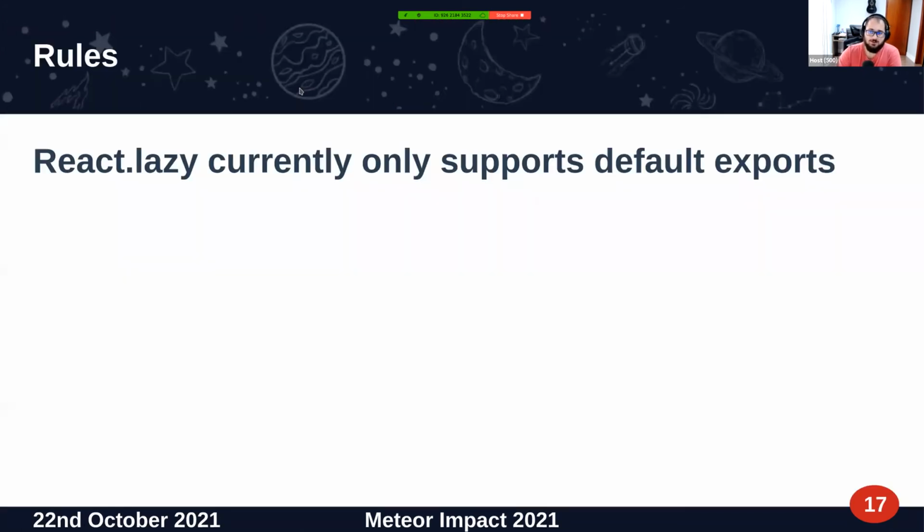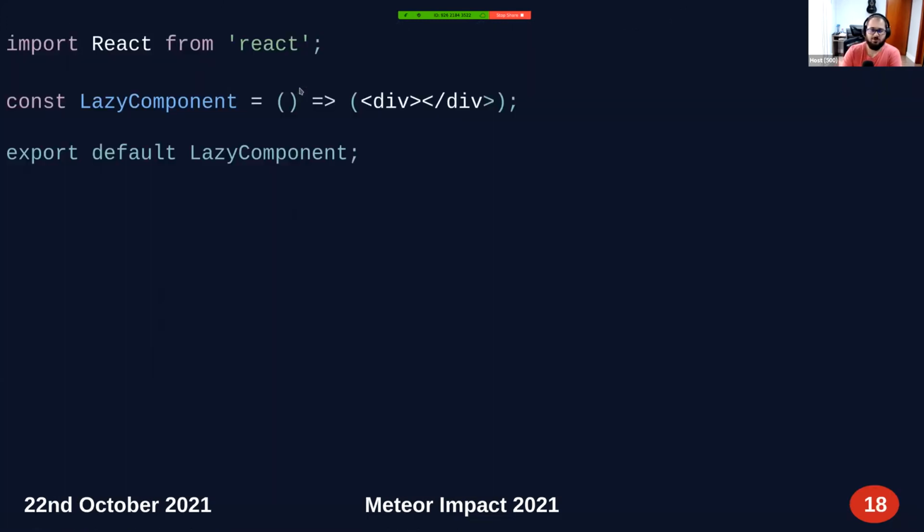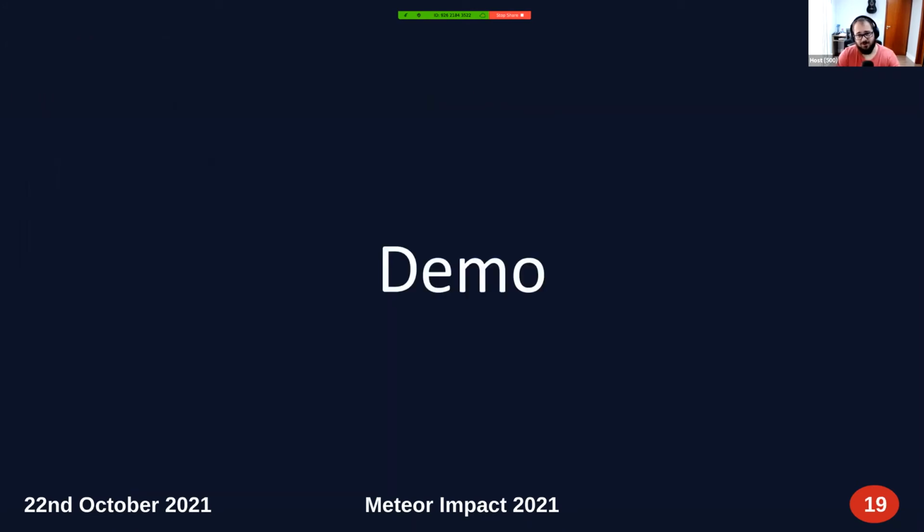That's the React Lazy definition for now. So you have to export your lazy component as the default, but that's mainly the only restriction, the only rule you need to follow, because it's not hard to add a default export and also keep the named export, so you can use it anywhere else. But yeah, I think enough talk.